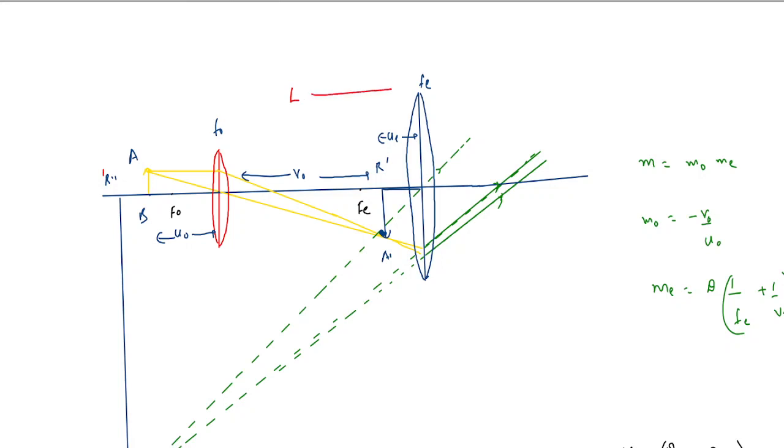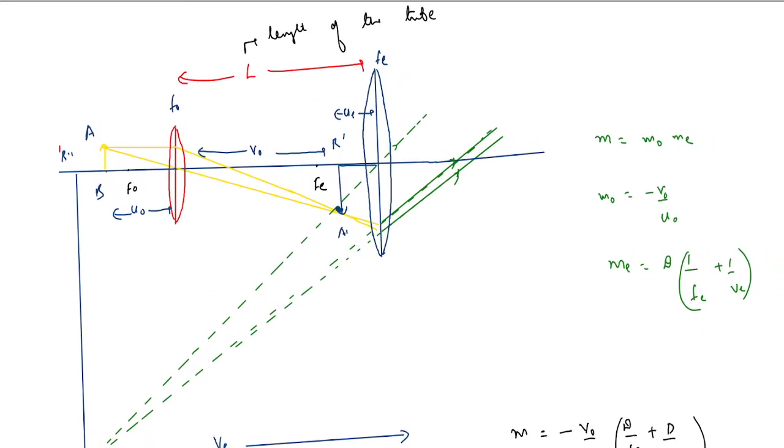And one more point here is the distance between the two lenses is called the length of the tube, given by capital L. It is the distance between the two lenses. From here we can find that L is equal to the distance from here to here, which we can divide as the distance from here to here plus this distance.